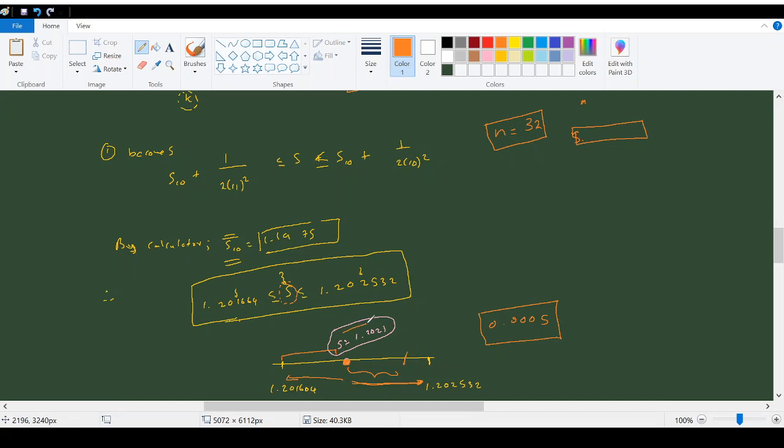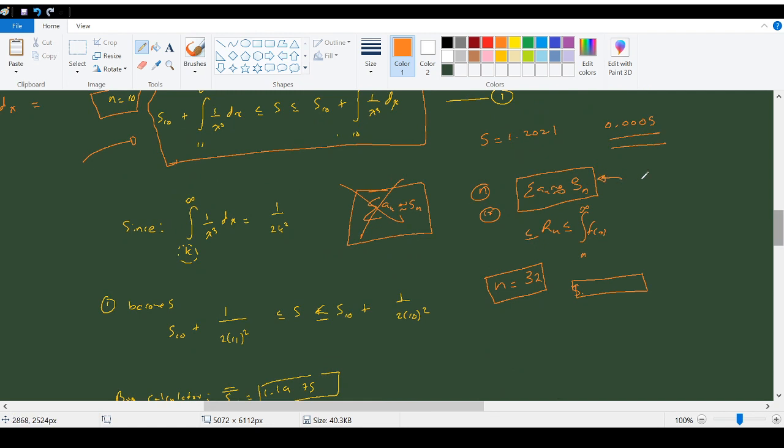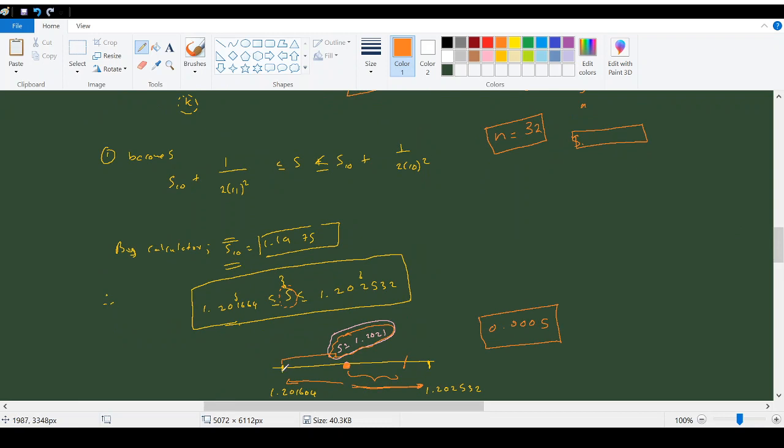Now see here, this is the point: in the previous case the approximation is through the partial sums, but here we first figure out the interval and then consider the midpoint as the approximation. Okay, right. So with this approximation, we saw that the maximum error is less than or equal to 0.0005.